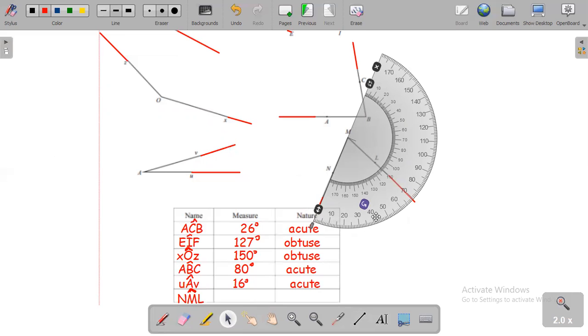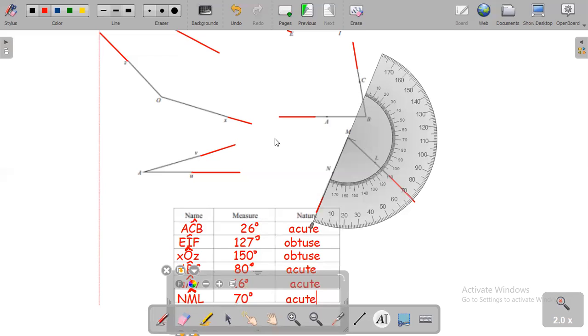We look at these numbers and we see the other arm is at which measure? It is at 70 degrees. So the measure of this angle is 70 degrees. What is the nature of this angle? 70 is smaller than 90 degrees. So the nature of this angle is acute. Thank you.